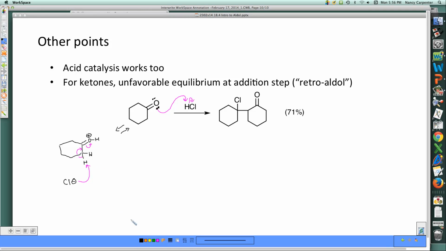And once the enol is formed, I have my carbon nucleophile. So here's the enol, and I've regenerated my catalytic amount of HCl. The enol can react with another molecule of cyclohexanone, but of course, since we're under acidic conditions, that will already be protonated.